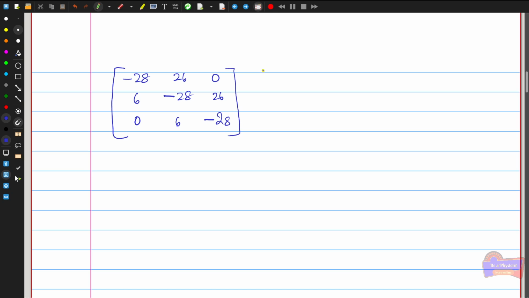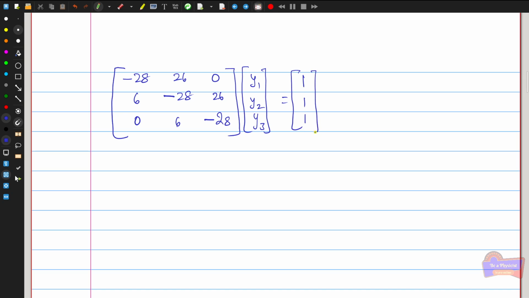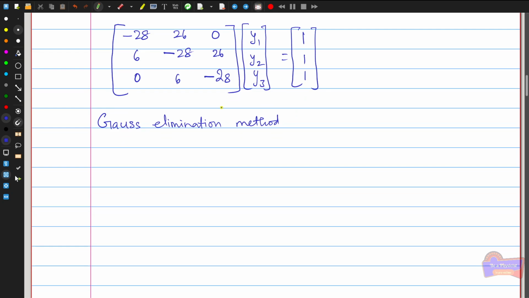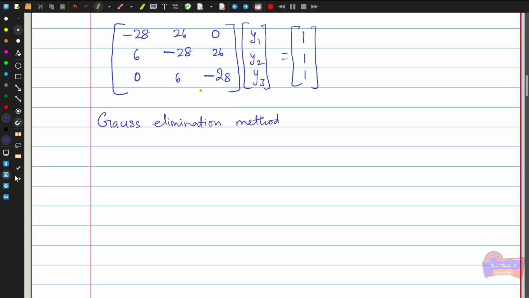These are the coefficients of y1, y2 and y3, and on the right-hand side we have all 1s. Now I can use the Gauss elimination method so that I can find the values of y1, y2 and y3.